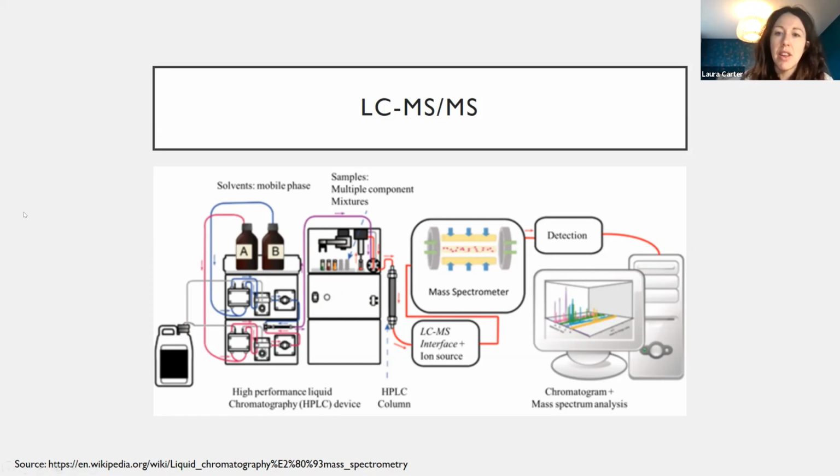Polar compounds, such as pharmaceuticals, can then be well separated on a reverse phase HPLC column. This is normally operated under a gradient option, where you get an aqueous to organic gradient solvent flow. Then your pharmaceuticals, once they've been separated, are transferred to the ion source.